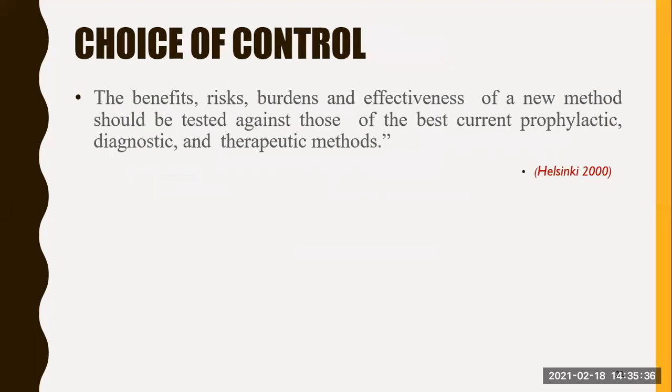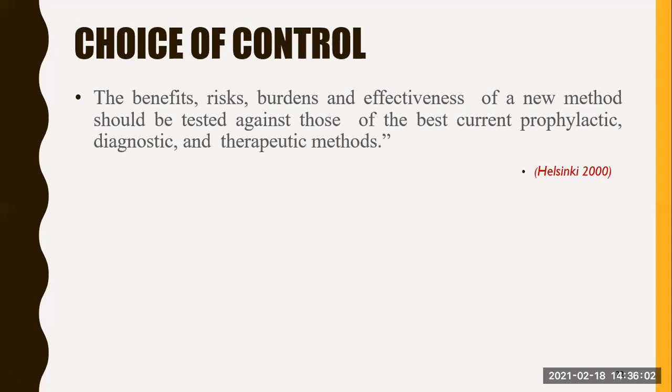Okay, so choice of control, what is choice of control? The benefits, risk, burdens, and effectiveness of a new method should be tested against those of the best current prophylactic, diagnostic, and therapeutic methods. Okay, so we have to compare the newer treatment with the current best treatment.